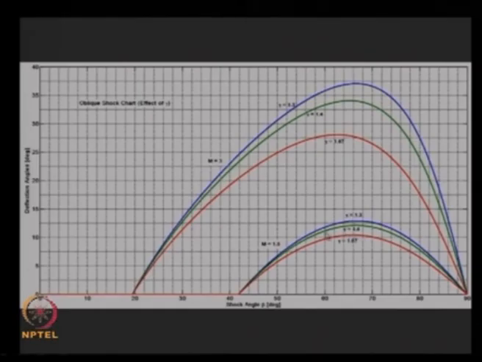If I go from 1.4 to a higher gamma, that is a less compressible gas, what we are finding is the beta is higher, first observation. If the gas is less compressible, beta increases for weak shock solution. I go to the strong shock solution, it is the opposite. If I become more compressible, beta increases.